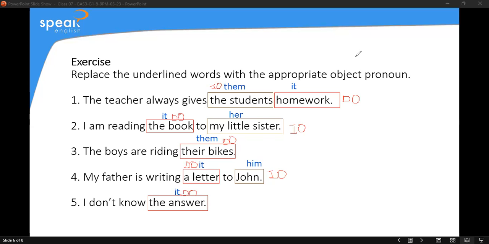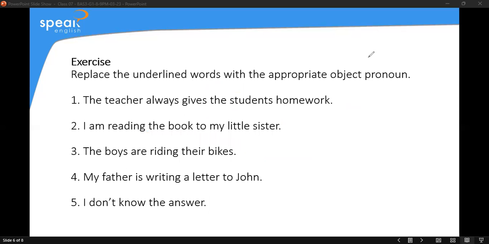Okay. Again, before we continue, is it clear how we identify the different objects? Yes, teacher. Okay, very good. I'm going to erase this and we can continue.